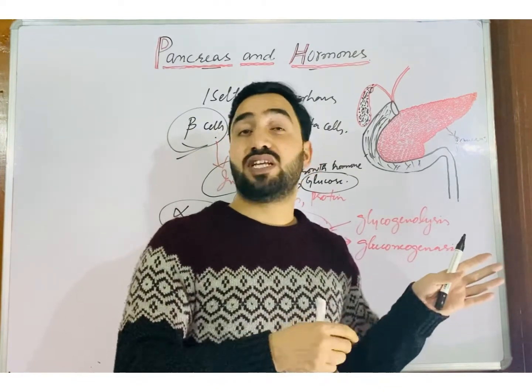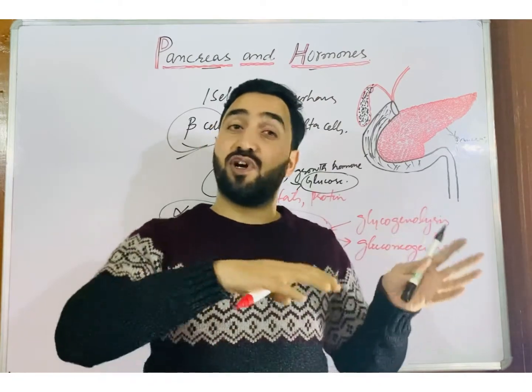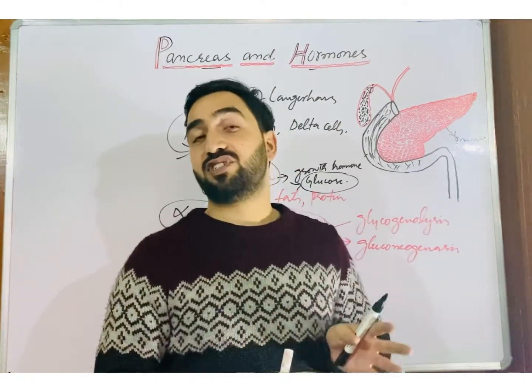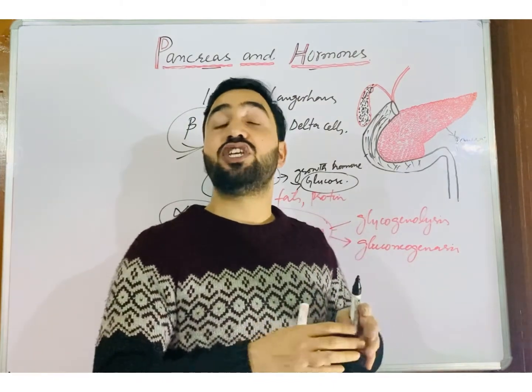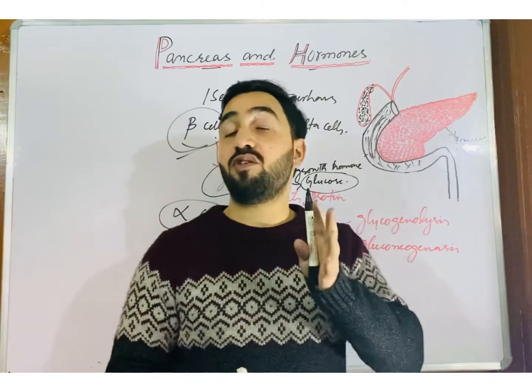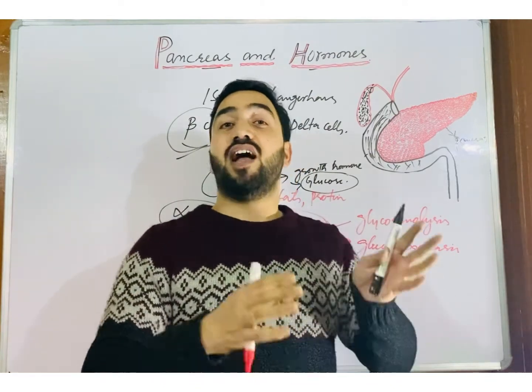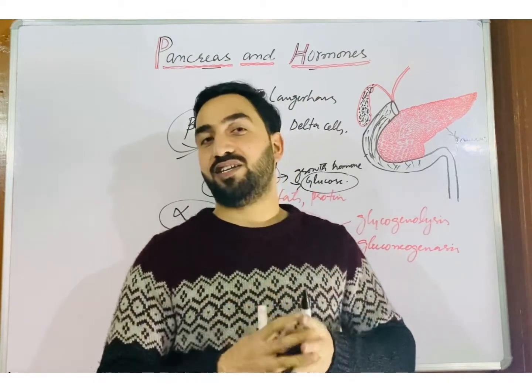When the glucose level falls, glucagon causes glycogen to be broken down into glucose, that means glycogenolysis, and also stimulates gluconeogenesis, which means the formation of glucose from amino acids, that means from non-carbohydrate sources.